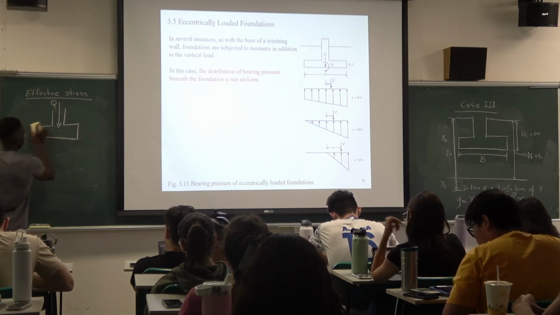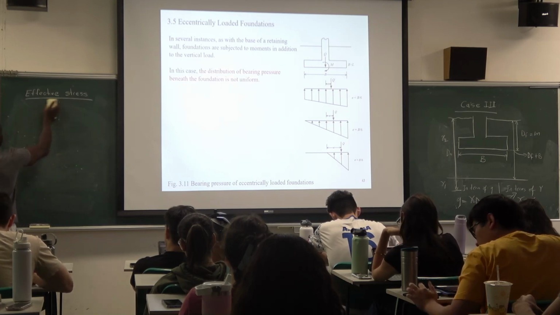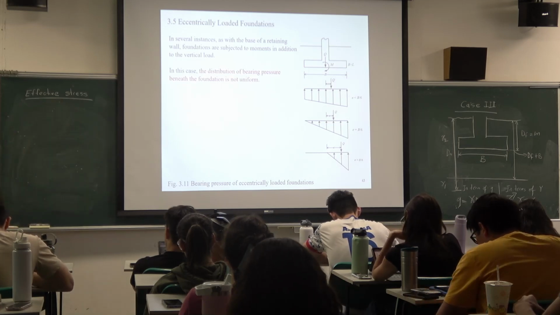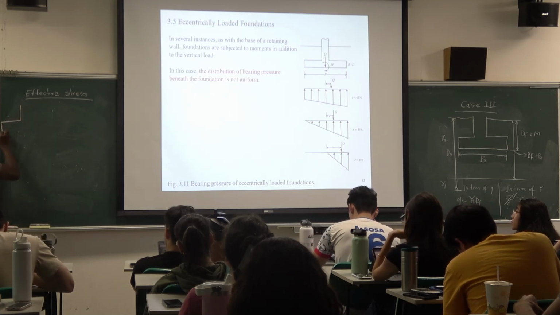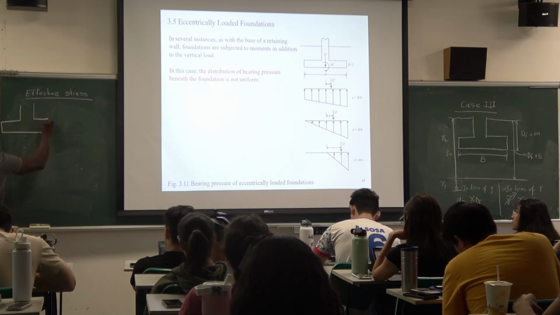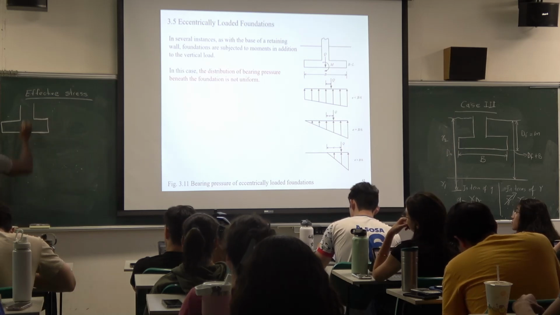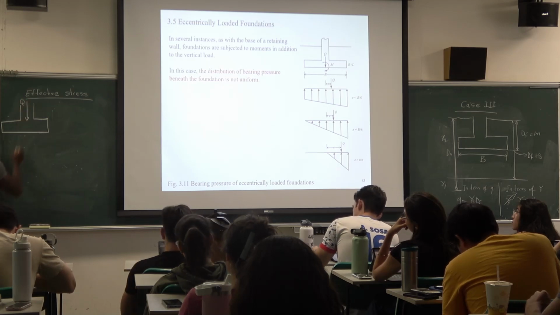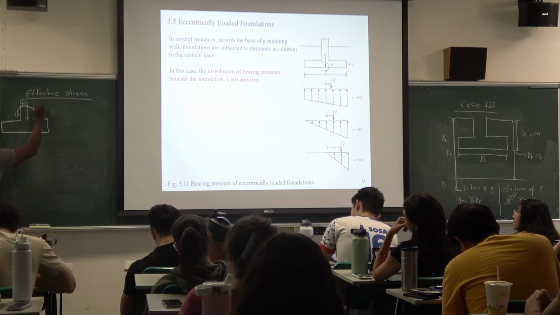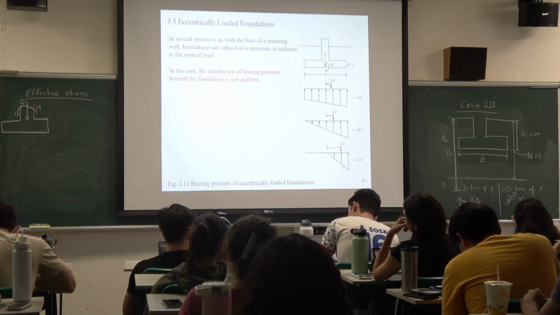But in some instances, you have your footing like this. Okay, let's assume this is our footing, and let's say the Q is still here. But we also have a moment acting on the foundation.